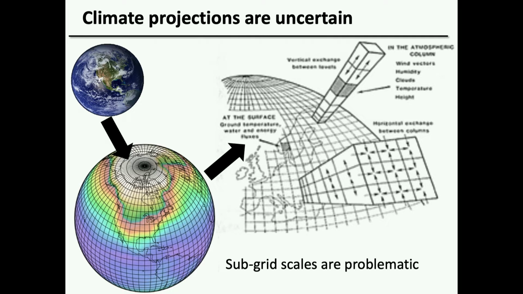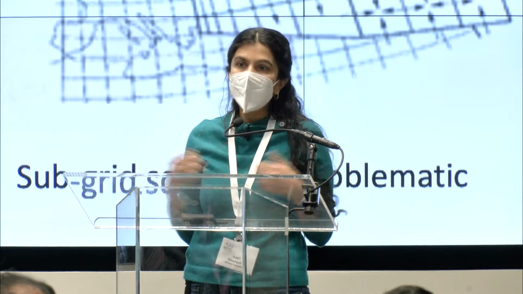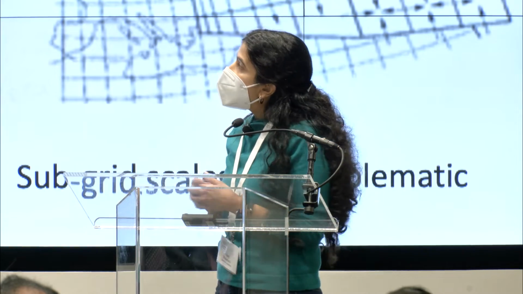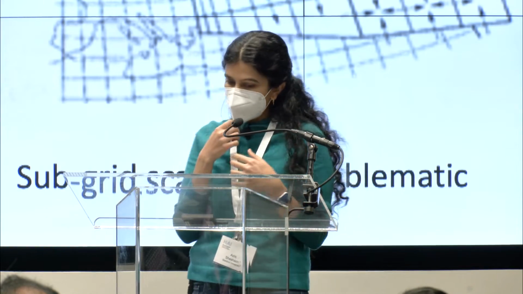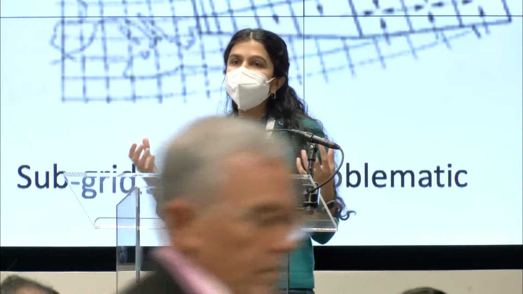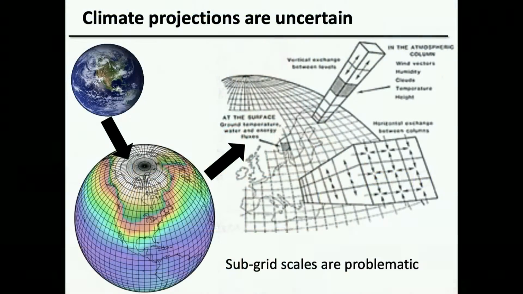These grids are typically about 100 by 100 kilometers wide. So a climate model doesn't know the difference between, say, LA and the Bay Area, or between New York and Boston. Even on the global scale, every climate model, if you want to know how much global mean surface temperature will change in 100 years, will give you a different answer.